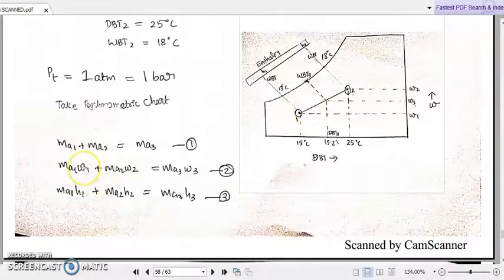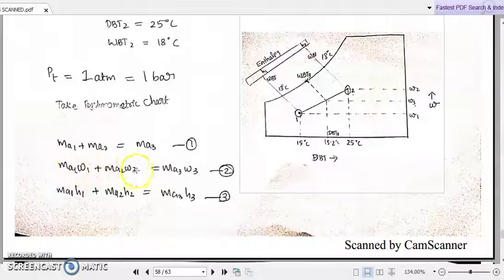Now we can write down the necessary 3 equations, the main 3 equations representing the mixing of air streams. That is, Ma1 + Ma2 = Ma3, considering the mass flow rate of the dry air in the first, second, and third stream of air.